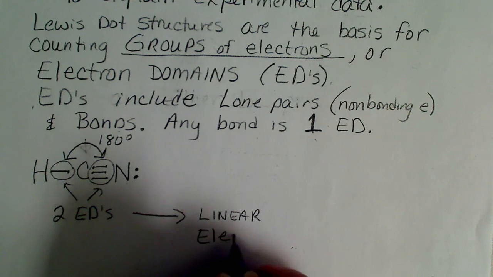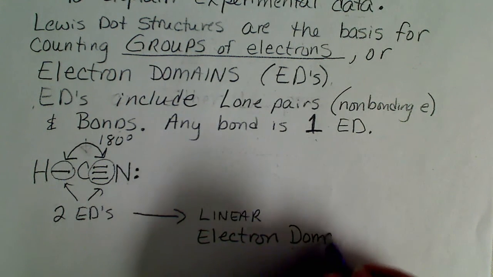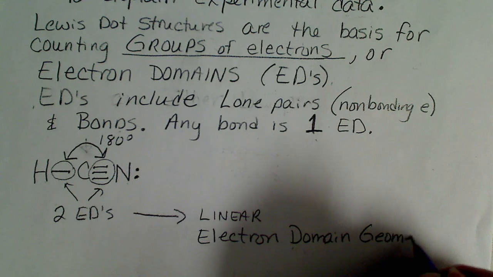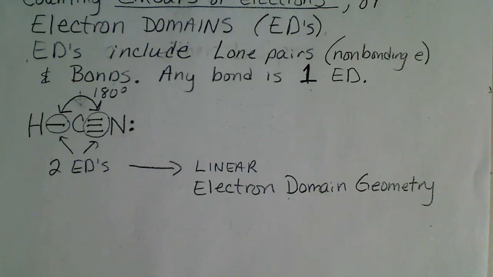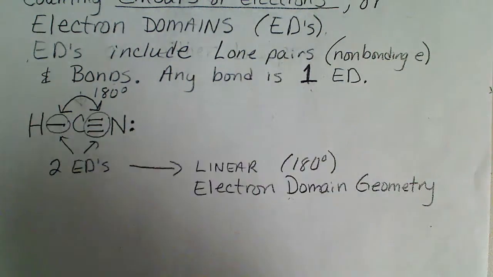That's another big long word I'm going to abbreviate. If we are taking a look at just the electrons, that would be the electron domain geometry. So linear automatically has 180 degrees associated with it.